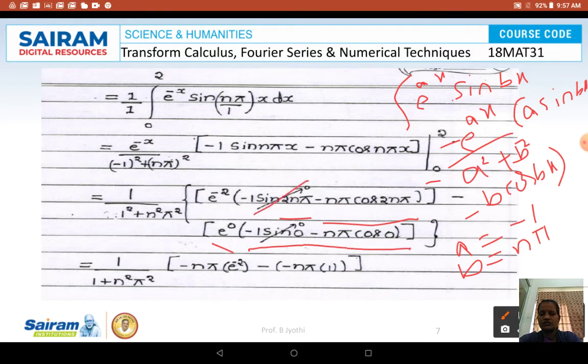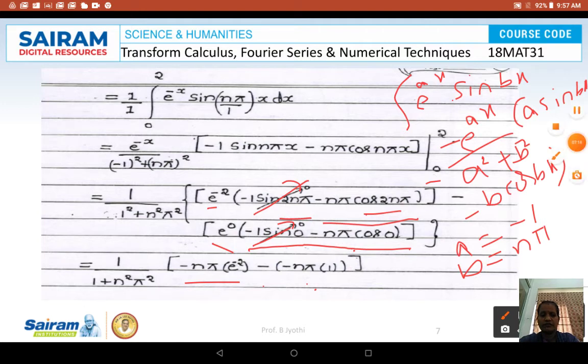Here sin 2nπ is 0 and sin 0 is also 0. Only nπ cos 2nπ and nπ cos 0 remain. So cos 2nπ value is positive 1. Therefore we get e to the power of minus 2 into minus nπ, and this term will be minus of minus nπ into cos 0, which is 1.